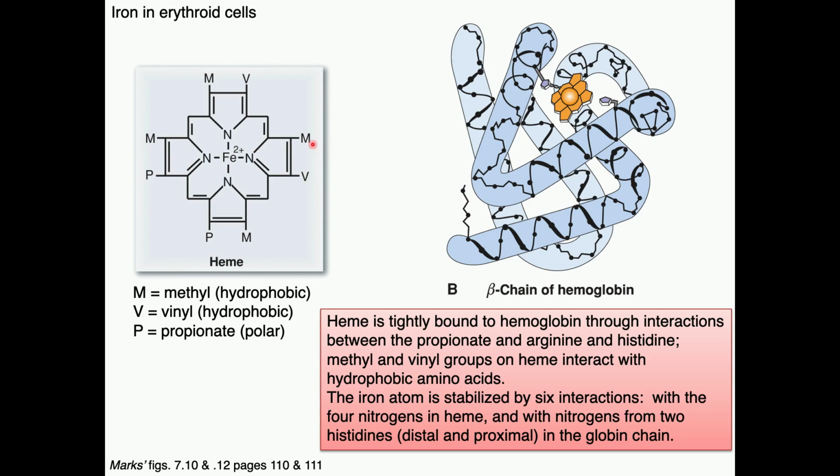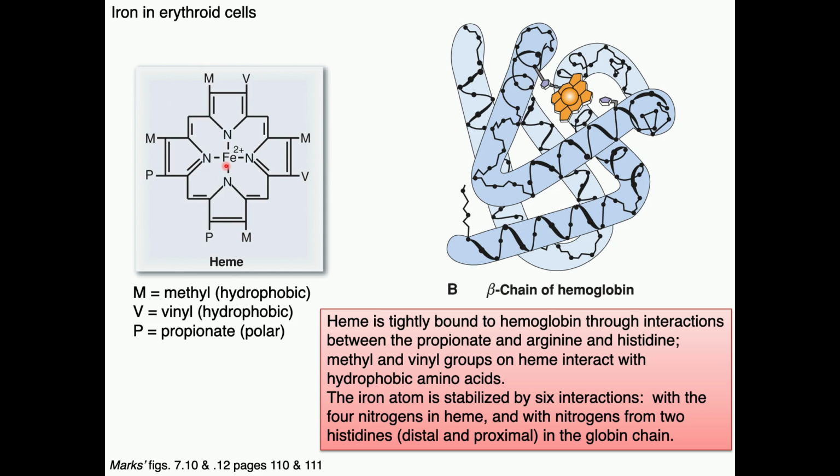Just to review the structure of heme, the ferrous iron sits in the center of the tetrapyrrole ring, and it's stabilized by those 4 interactions with the nitrogens in the pyrrole rings, as well as histidine on the top and below it.